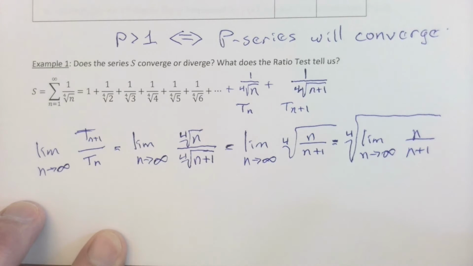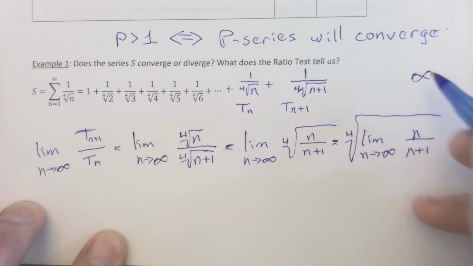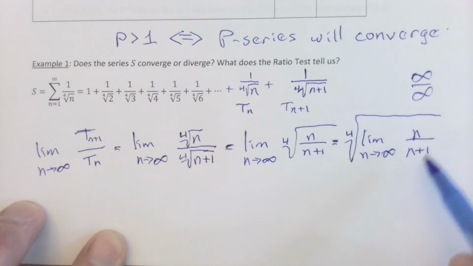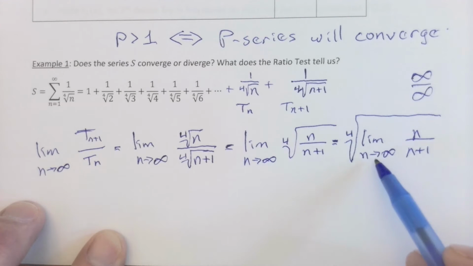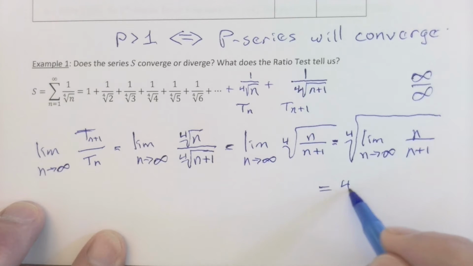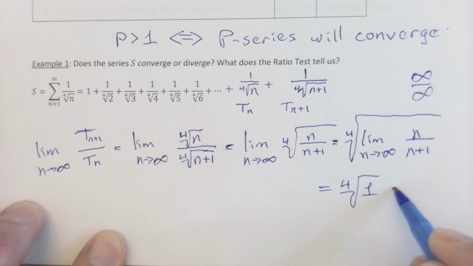Well, a very, very large number, let's say like 1 million here, and 1,000,001 here are going to divide to something like 0.9999. You can always run L'Hopital's rule on this, take derivatives here and here, because you have a form of infinity over infinity, and the derivative of n is 1, and the derivative of n plus 1 is 1, so you would end up taking the limit of a constant 1, and in the end you'd get the 4th root of 1, which is 1.